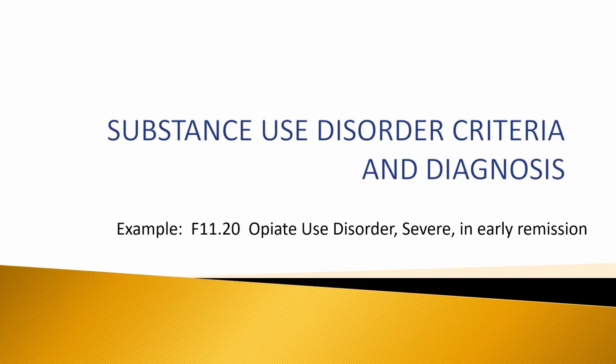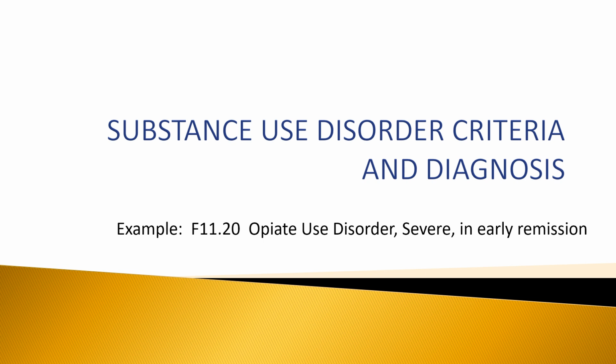Now, substance use disorder criteria and diagnosis. An example is F11.20. Remember, that's the ICD code. Opiate use disorder, severe, in early remission. So the number goes first, then the severity, and you'll learn about that in a minute, and then what's called the specifier.